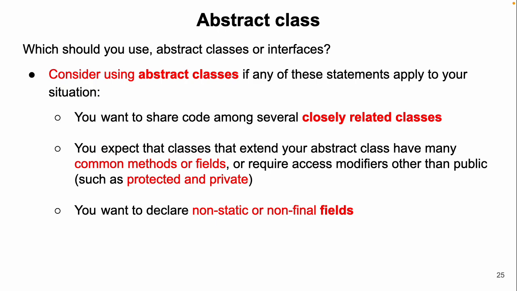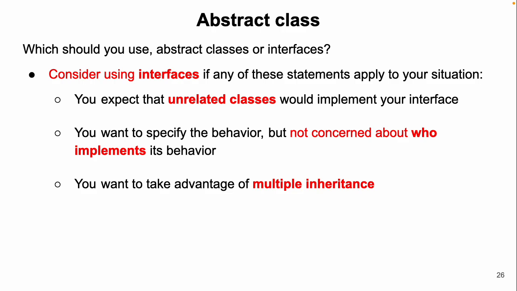One step forward, we need to understand more. We can have non-static or non-final fields in the abstract class. We cannot achieve that in the interface, and I can declare my methods or fields with private and protected specifiers other than public. All those things you must understand. Any doubts? No doubts.